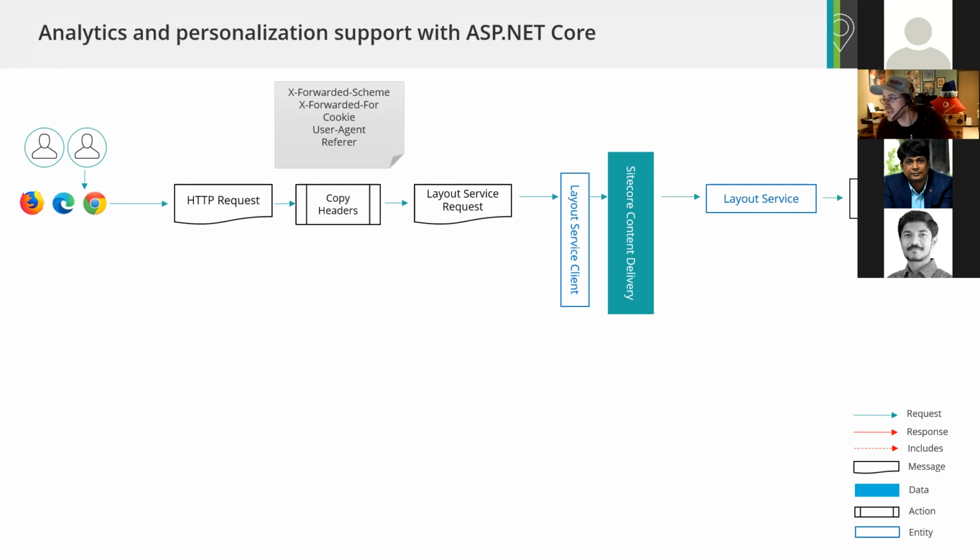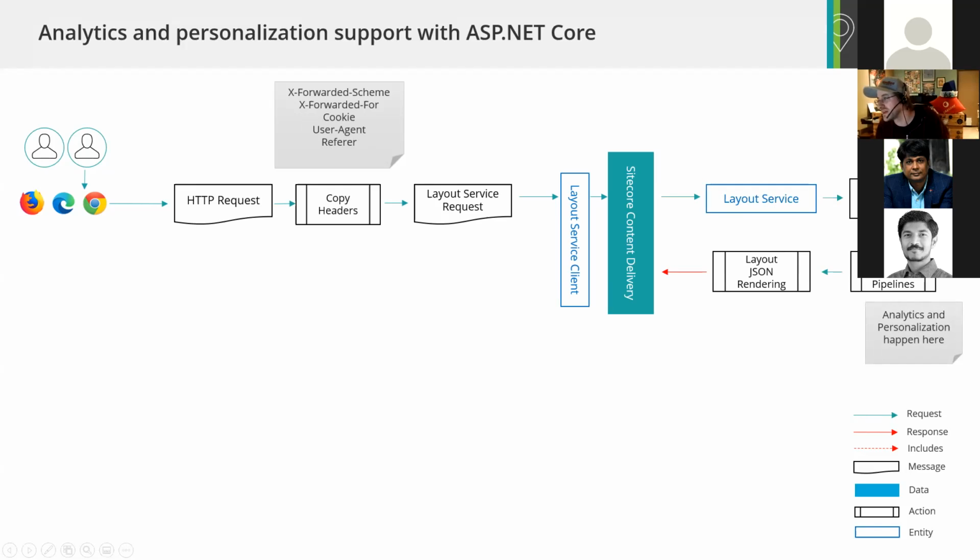And so behind the scenes, this is the same process as for JSS. The layout service will take the item path requested and use it as the URL for analytics. Things will run through the standard Sitecore MVC pipelines, which the layout service uses. And that's how it gets support for all the standard analytics and personalization logic.